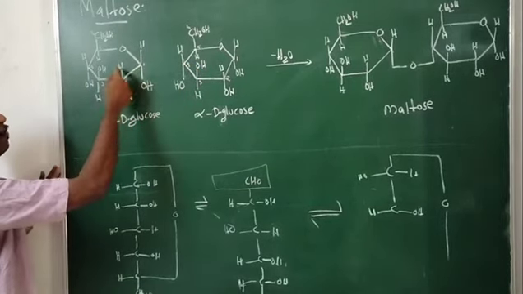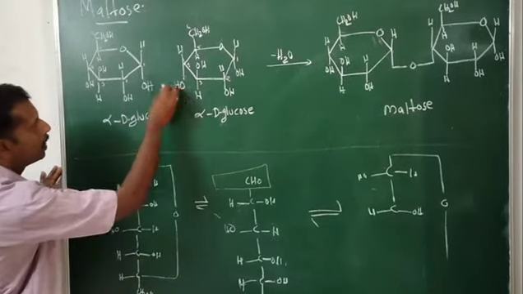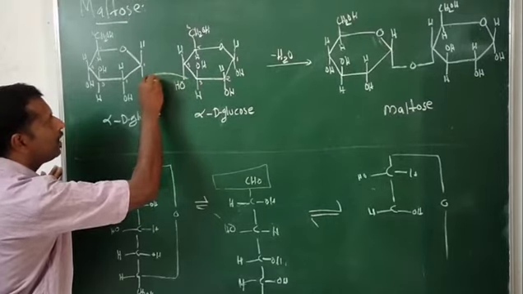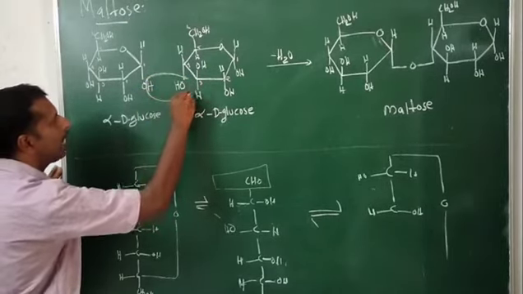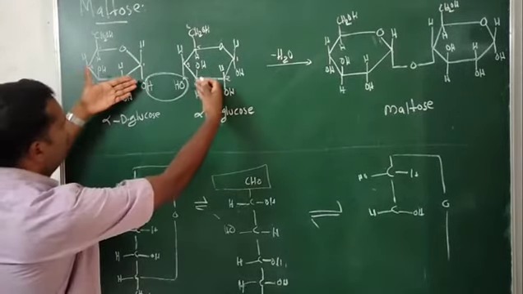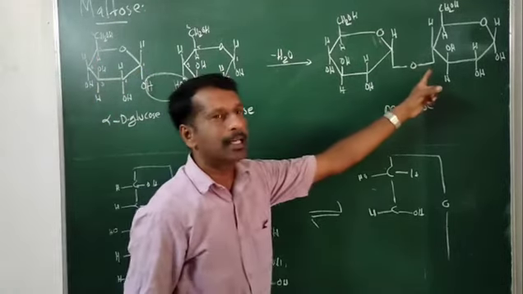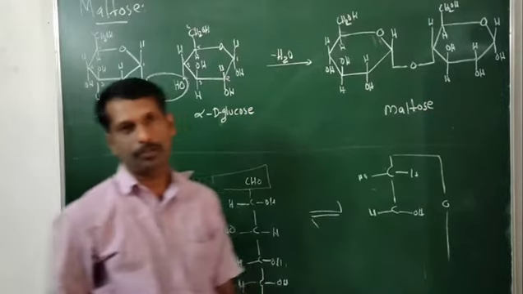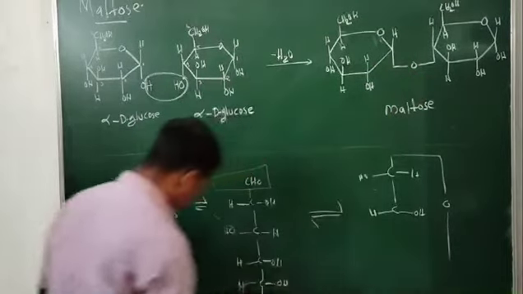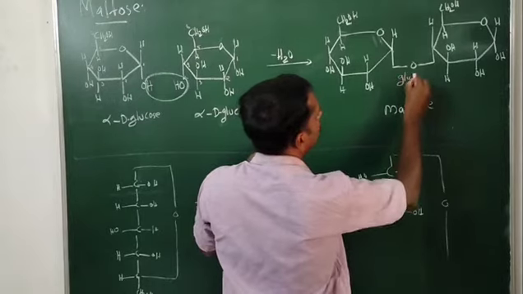C1 of the first alpha D glucose and C4 of the second alpha D glucose join together, eliminating water, and you get a structure like this. This is known as maltose, and this type of linkage is known as a glycosidic linkage.